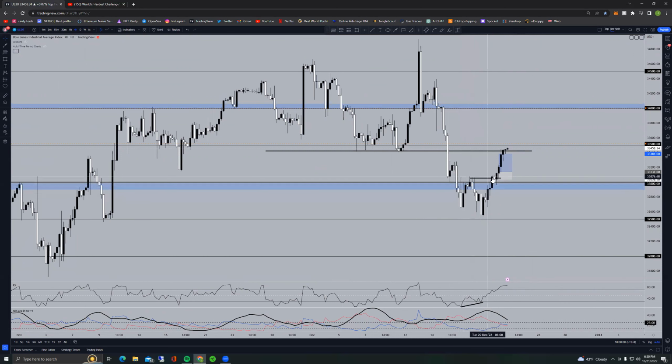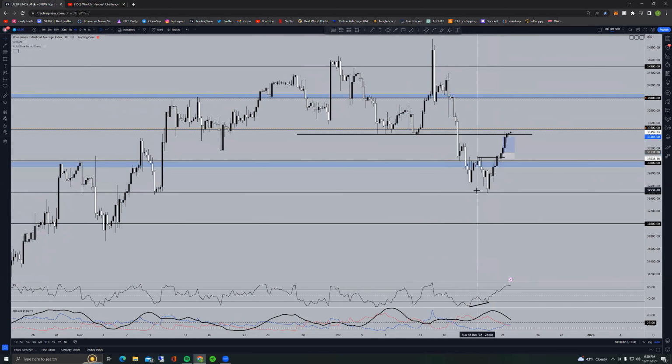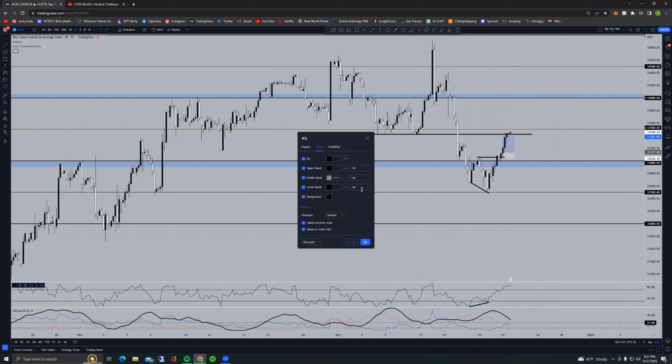Now let me break down how I viewed this reversal part of the trend. The way that I like to spot reversals is by spotting divergence first with the RSI. You could see with this divergence, price was under this 30 level here.